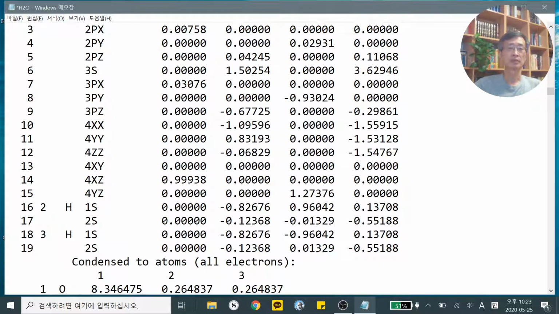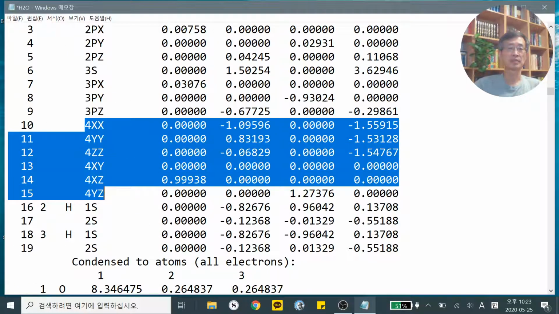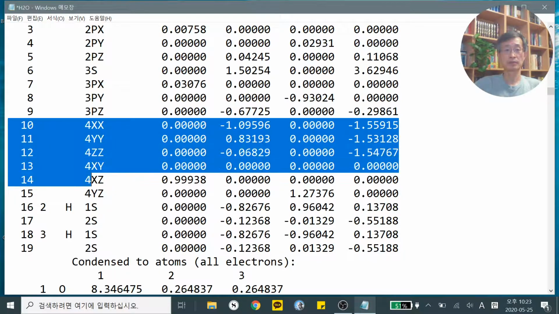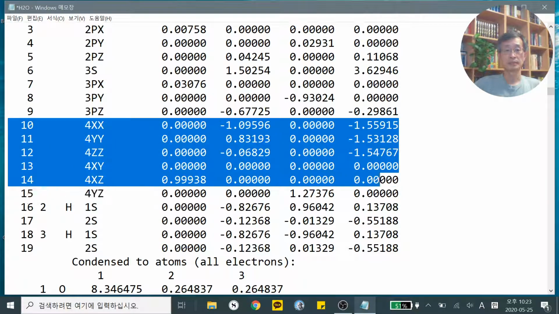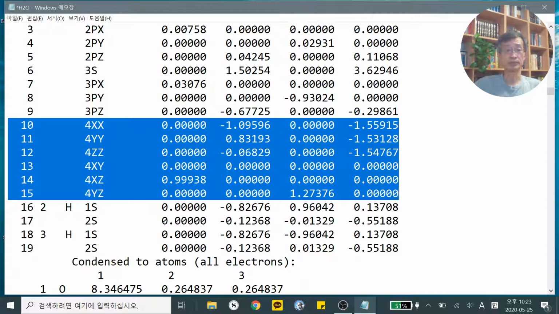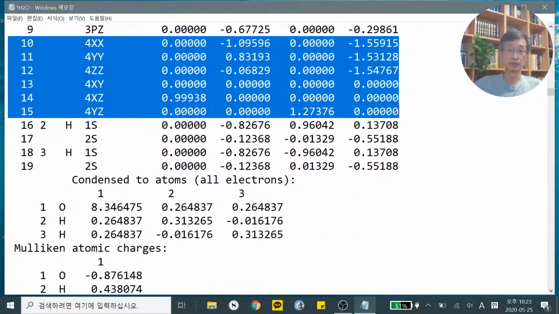Here the 4 means that these are d orbitals, with 6 different d orbital representations. We make a linear combination of these to make a 5 d orbital representation.